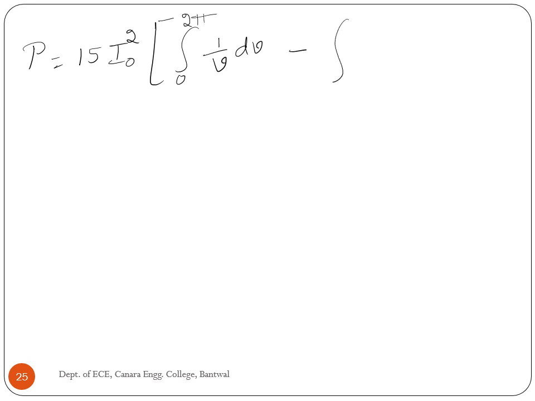Therefore, radiated power is equal to 15 I naught square, integration of 1 by v dv limit 0 to 2 pi minus integration of cos v divided by v into dv limit 0 to 2 pi.